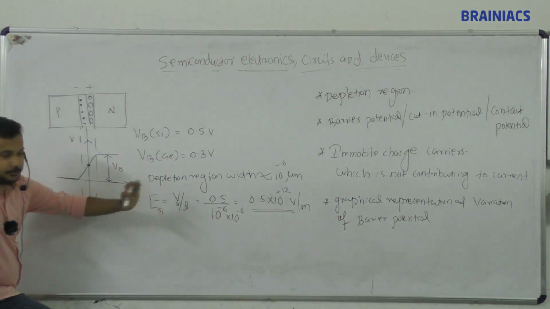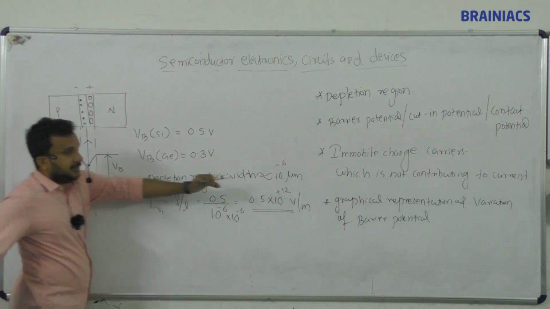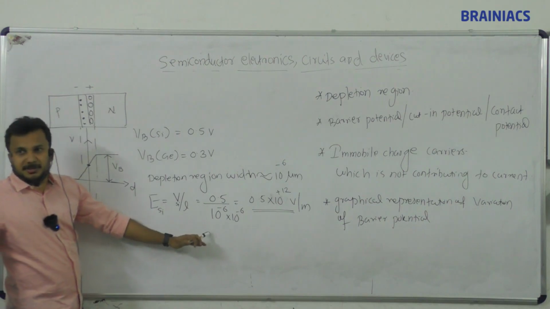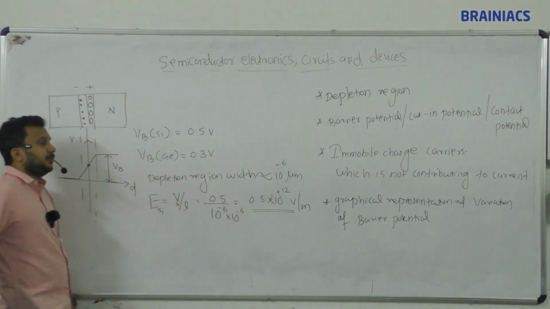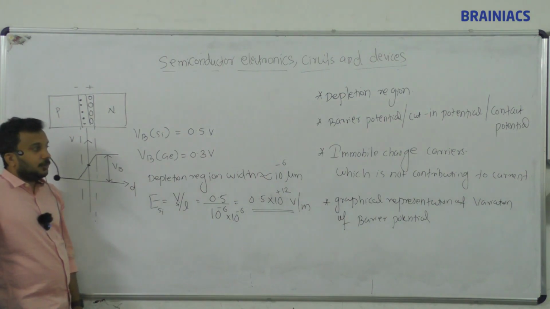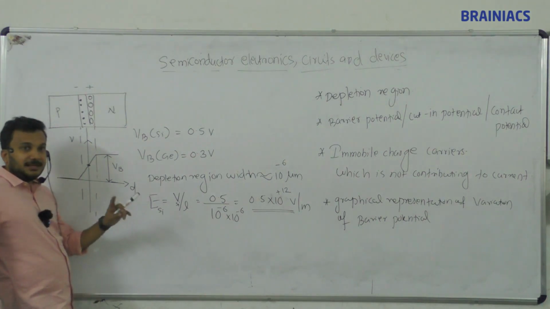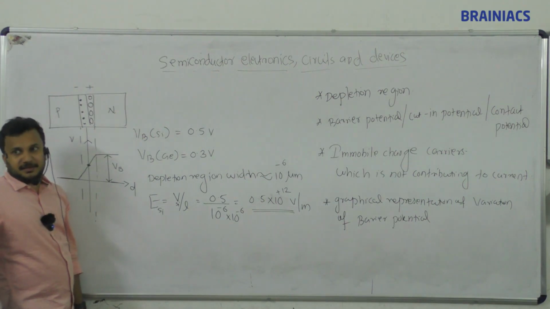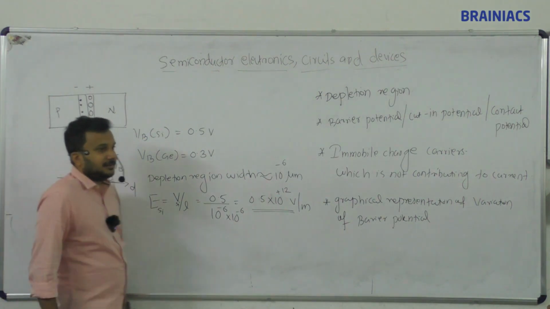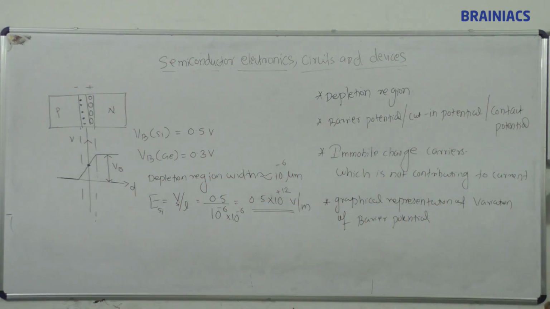Converting micrometer to meter, 10 power minus 6 goes to the numerator as 10 power 12. So 0.5 into 10 power 12 volt per meter. Is this a small value or a higher value? Very high. So the electric field strength at the depletion region is very high.